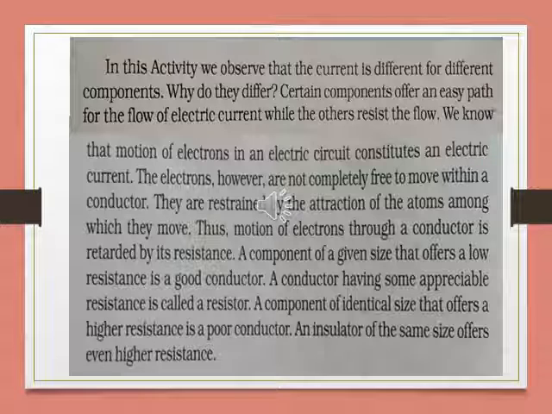An insulator of the same size offers even higher resistance. So remember, the different components, though the shapes are the same, some offer low resistance, so they are good conductors, and some offer high resistance, so they are poor conductors of electricity.